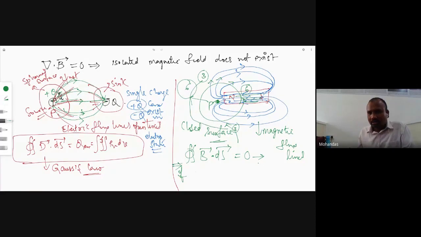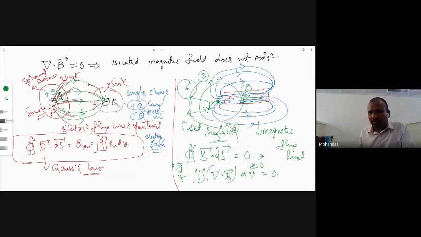we can convert the closed surface integral into a volume integral. So this can be written as the volume integral of divergence of B into dV, which is equal to 0. As you have taken a closed surface, which encloses a volume, the volume is not equal to 0.